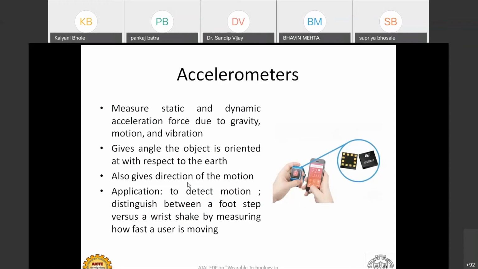It is used to detect motion and distinguish between a footstep and a wrist shake by measuring how fast the user is moving. So this accelerometer sensor is used in your wristband or smartwatch, even in mobile phones. It can be tuned for walking or footsteps versus wrist shake, or running versus walking, etc. It gives you that information.